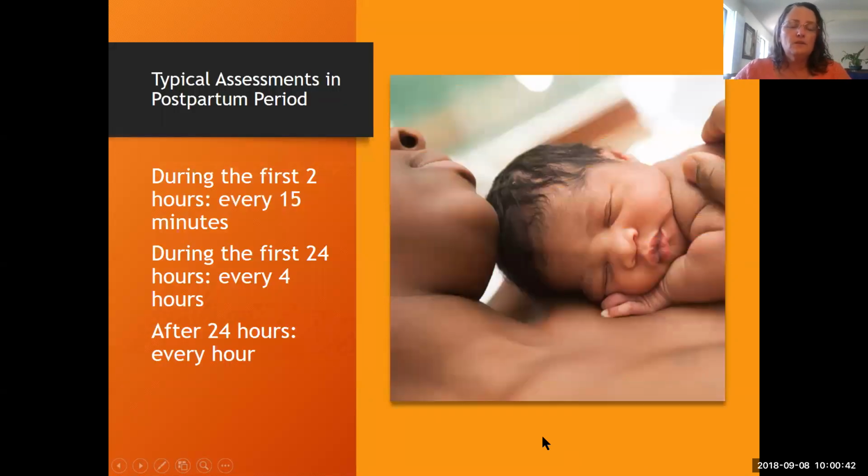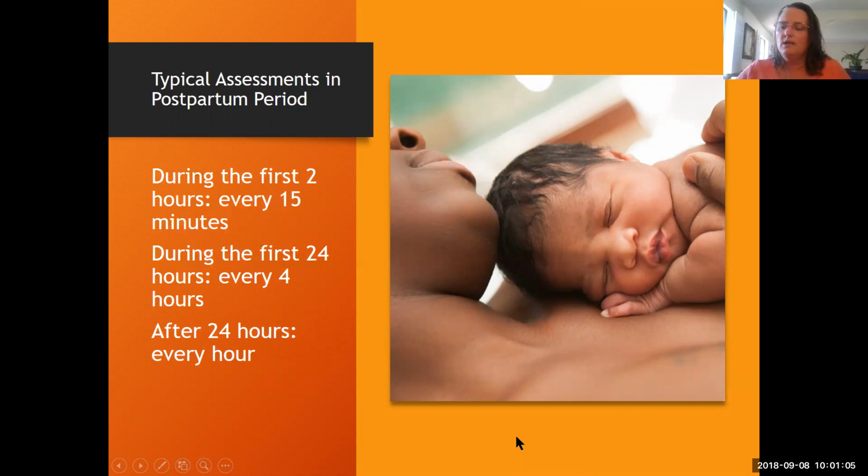So our assessments in the postpartum period start immediately after the placenta has come out. For the first 2 hours, we are doing our mom assessments every 15 minutes. We're also watching our baby very closely at this time as well. And then after the first 2 hours, we can move that down to every 4 hours for assessments.